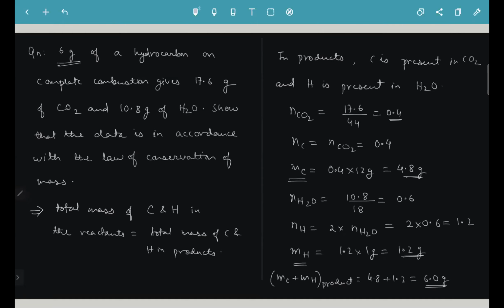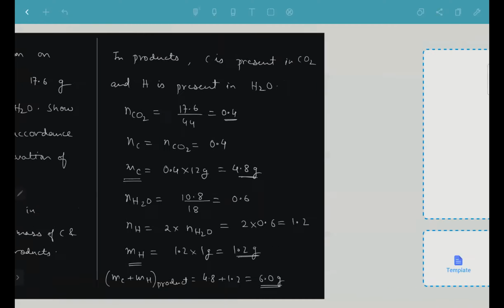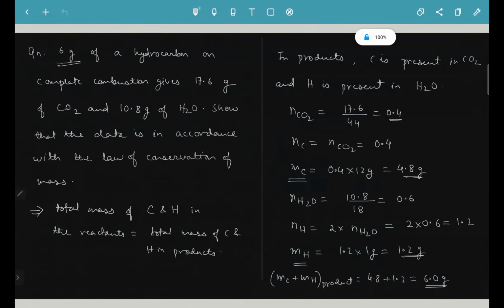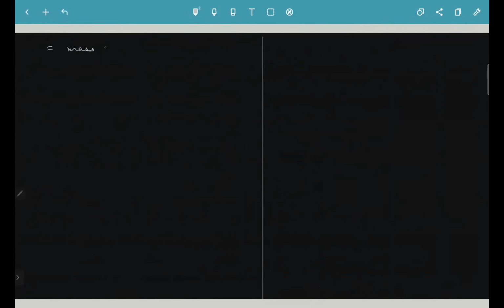Is this clear? Understood everyone? Shall I turn the page? So the mass of carbon plus hydrogen in the product is equal to the mass of hydrocarbon reacted.